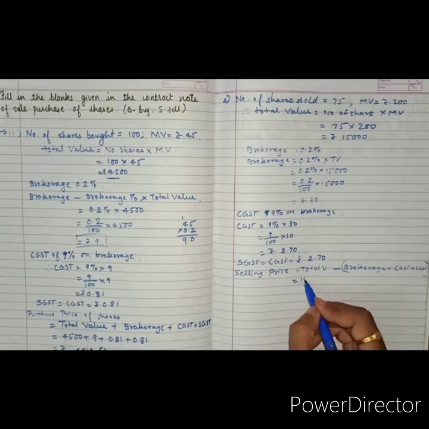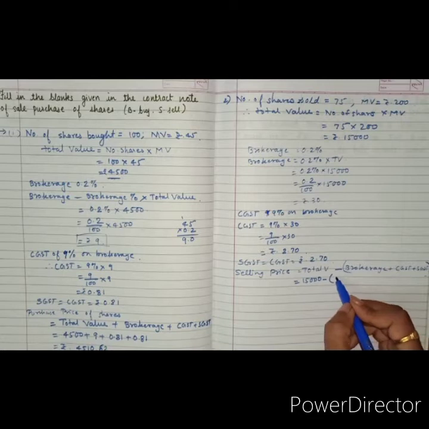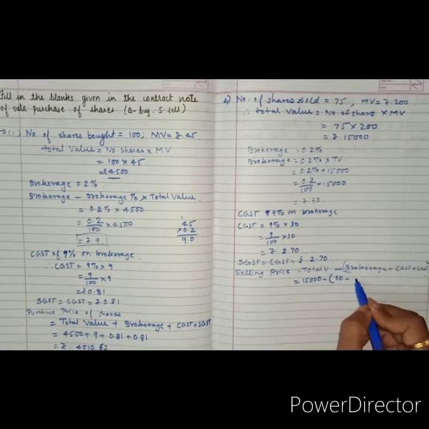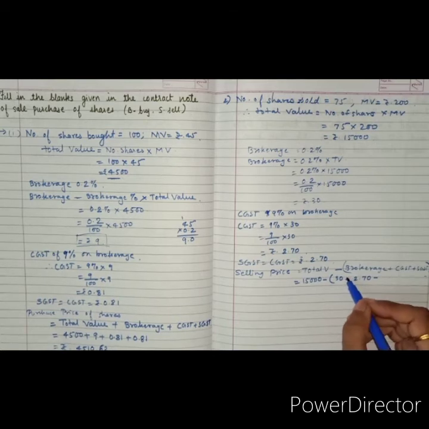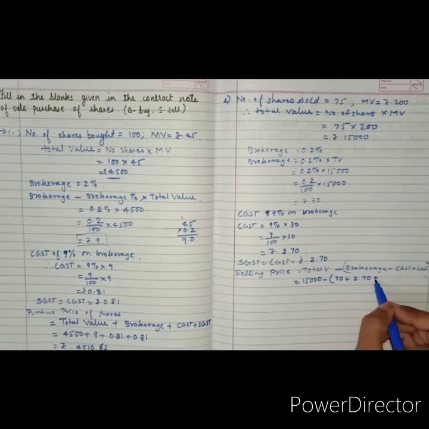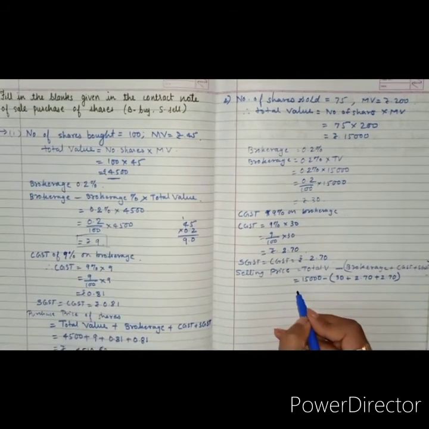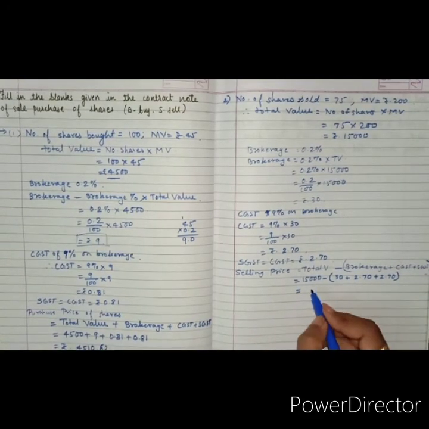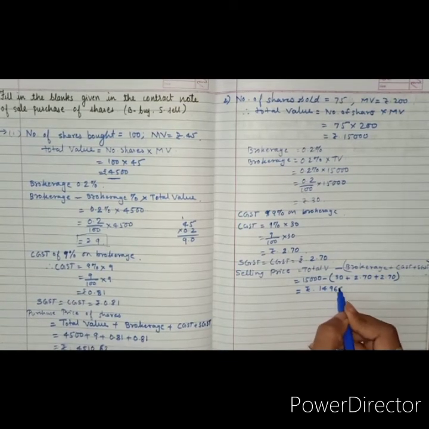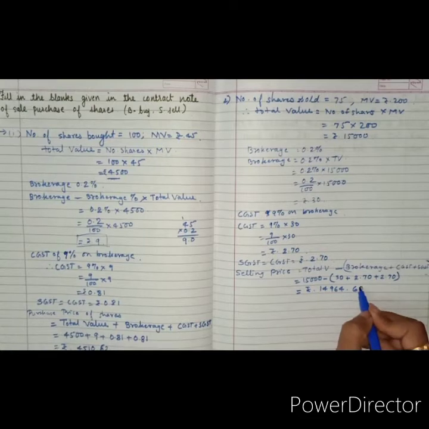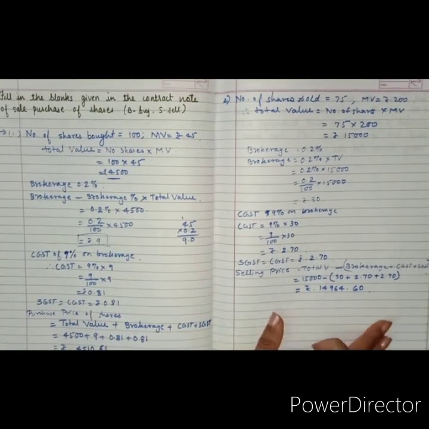So what is total value? It is 15,000 minus brokerage was 30 rupees minus CGST 2 rupees 70 paise and SGST. So what I'll do is I'll add this first and then subtract from 15,000, and what I get is rupees 14,964.60. This you have to fill in your blanks in the column.